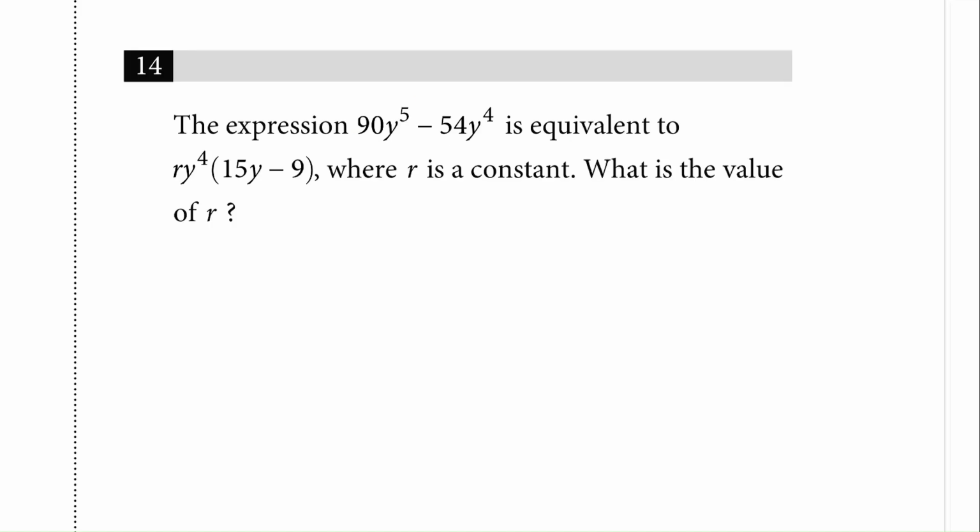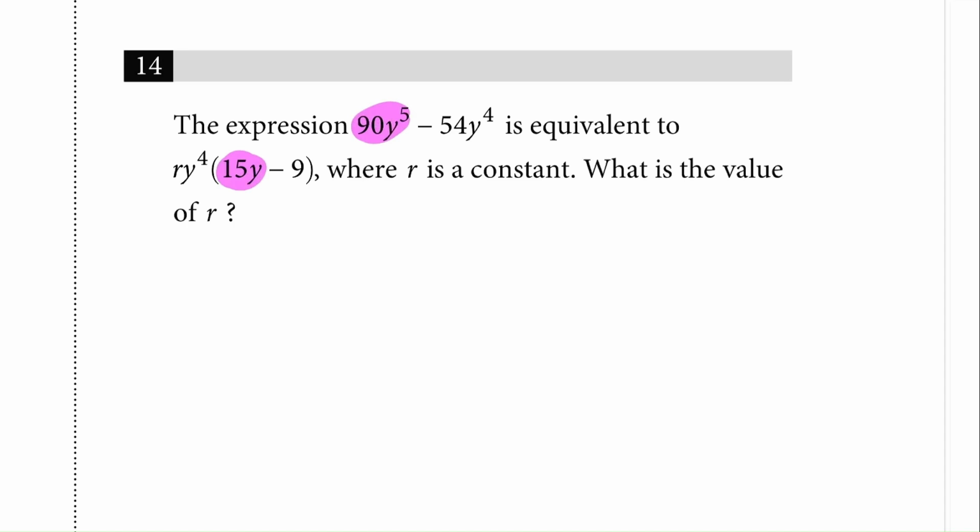The expression 90y to the fifth minus 54y to the fourth is equivalent to r y to the fourth times the quantity 15y minus 9, where r is a constant. What is the value of r? Basically, what this is asking us to do is to look at what was factored out from both of our original terms. Let's look at 90y to the fifth and 15y.